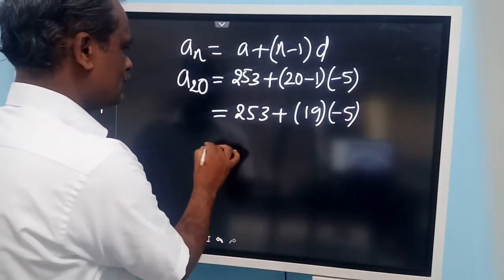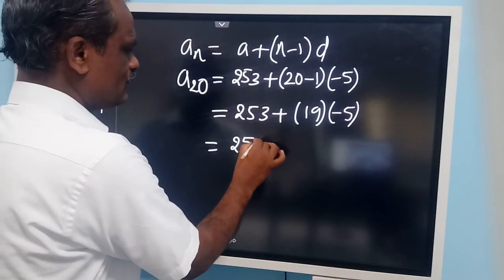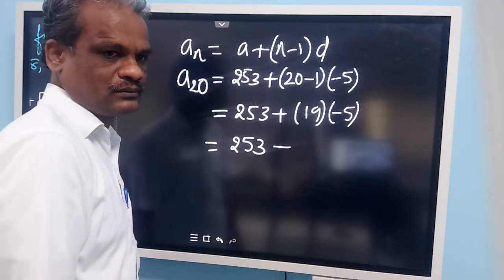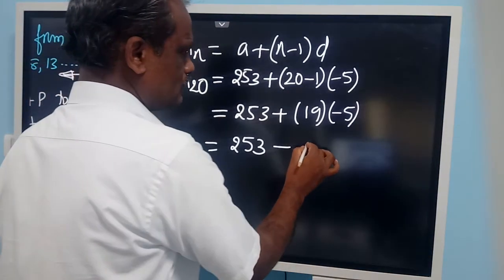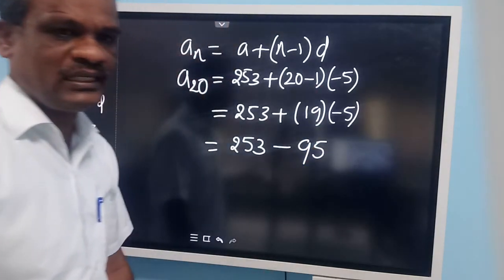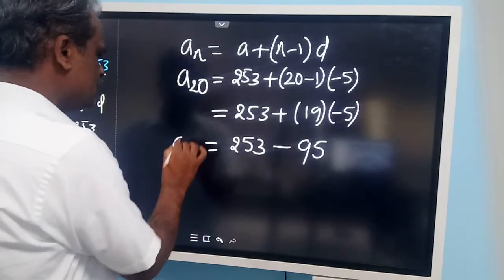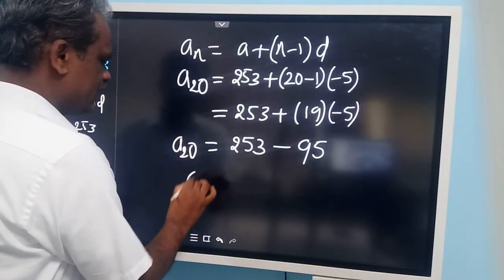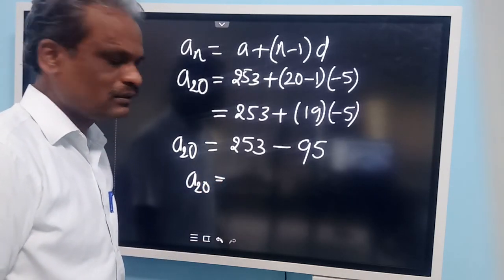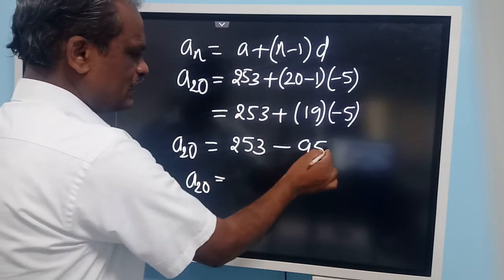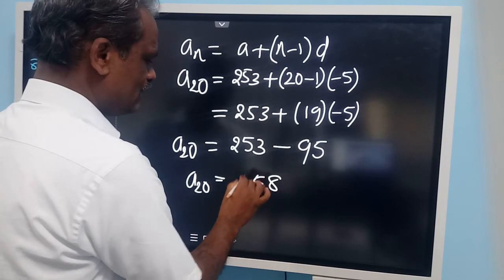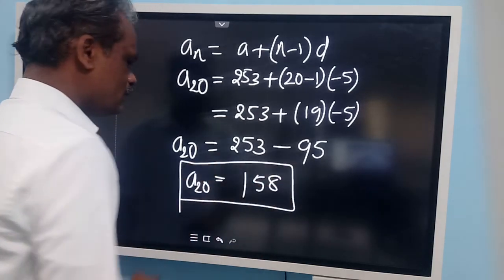What is the product of 19 into 5? It is 95, so minus 95. Now the difference: A20 is 253 minus 95, which is 158. So that is 158.